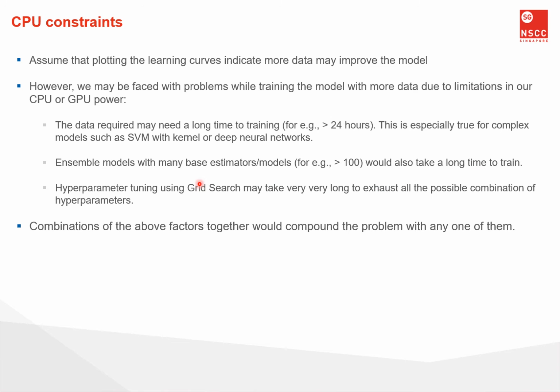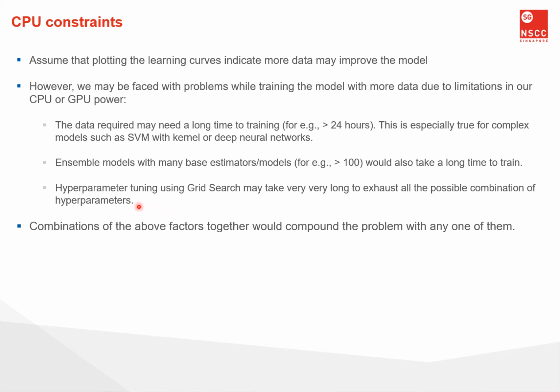So lastly, hyperparameter tuning itself, which is a process of adjusting hyperparameters and then using something like grid search or random search to see if the performance would improve. This is basically an exhaustive search method, and it's going to take a very long time to actually go through a long list of possible combinations of hyperparameters.